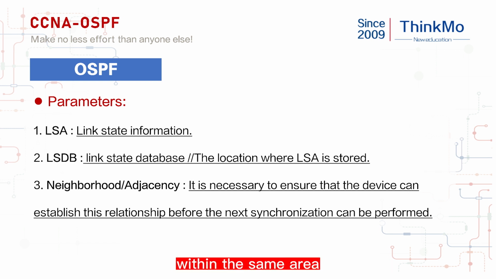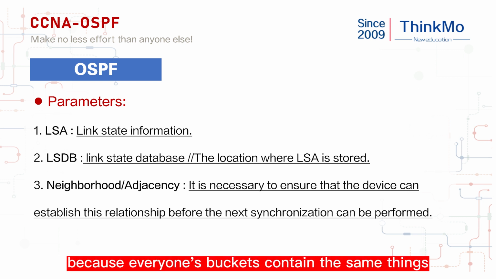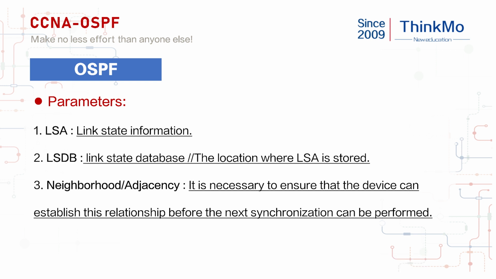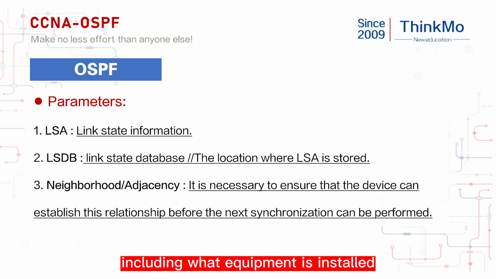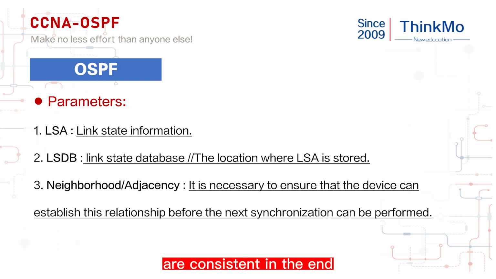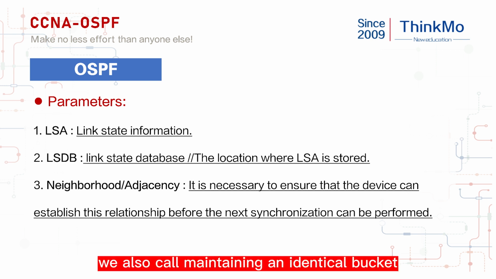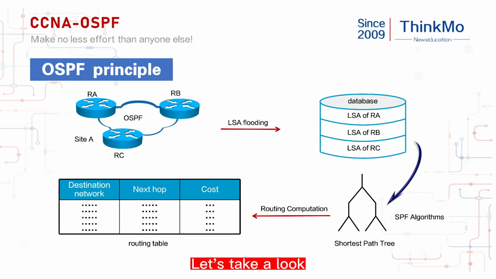Each device will form a database like this. Within the same area, the LSDBs of all devices are consistent. We tend to say it's the same bucket, because everyone's bucket contains the same things, including what equipment is installed and the generated information. They are consistent in the end. We also call this maintaining an identical bucket. Let's take a look.